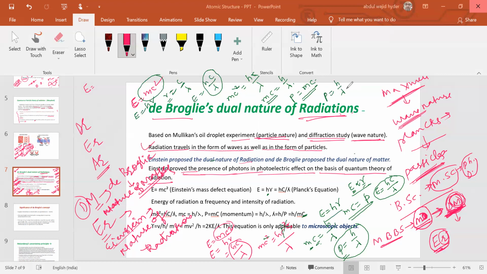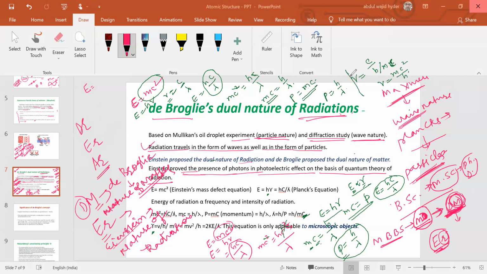Yes, sir. Fine. Now see, till here it is over. Now nu is equal to C upon lambda, so now gamma is equal to mc square upon h.